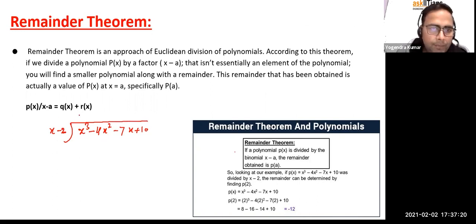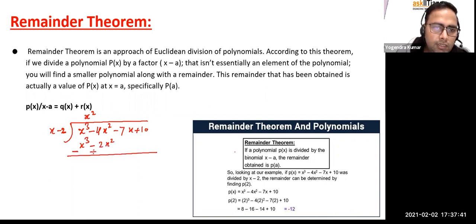What is the thing I need to write here? x square. I believe you know that we need to write the polynomial in standard form, and then we match the first term. So x cube we will get, and then minus 2x square. Now we are going to subtract it.